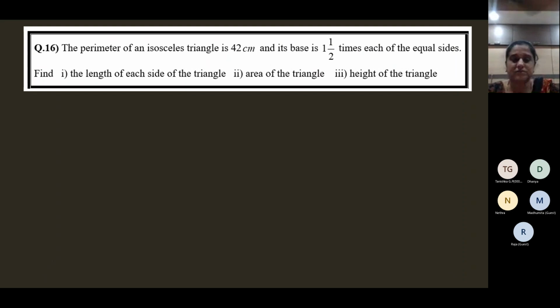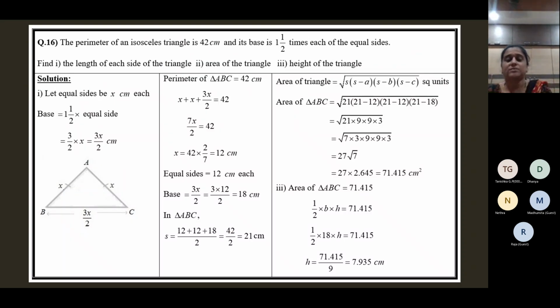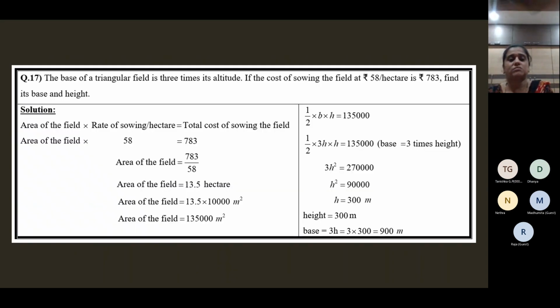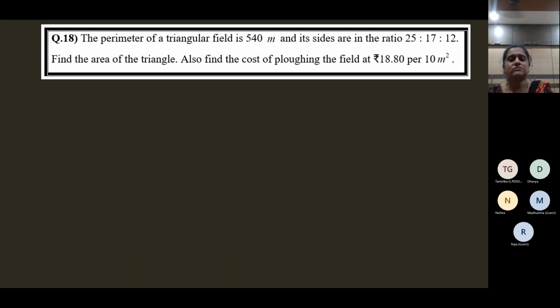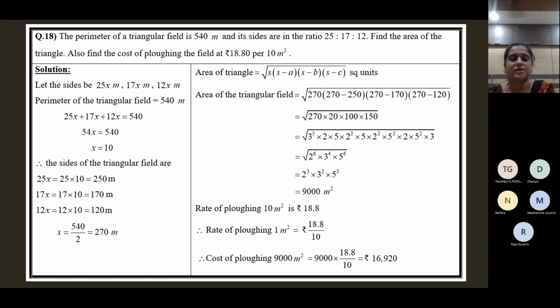Take this as homework. Please do this. Take a picture. Done, children? Yes, ma'am. This one also, take a picture. Please complete this in your notebook.